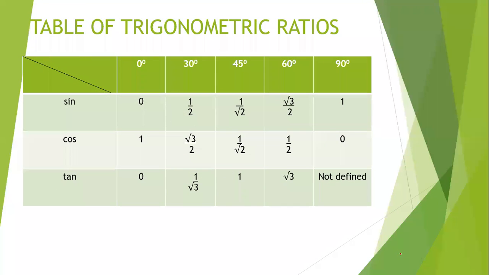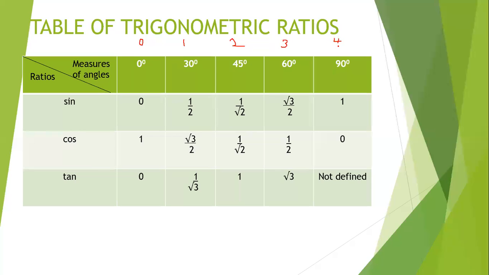Table of trigonometry ratios. This table we need to remember again. And there are different ways of learning this table. One of the methods is: for the first, you can write over here 0, then write 1, then write 2, then write 3, then write 4.